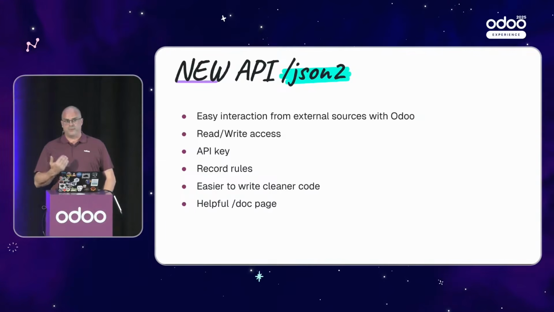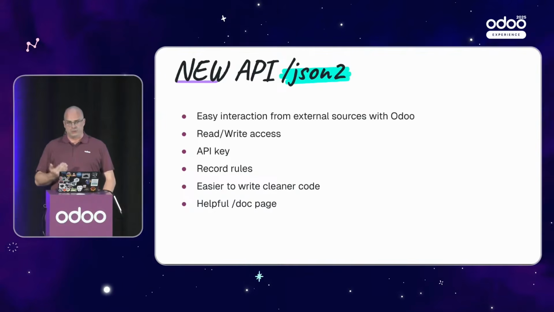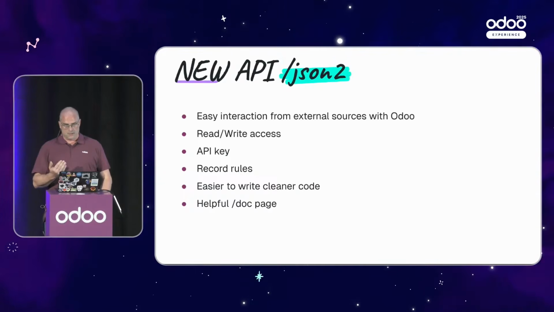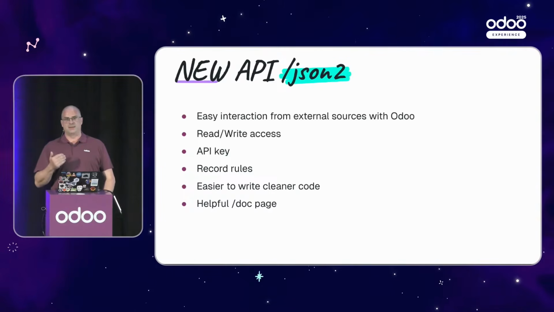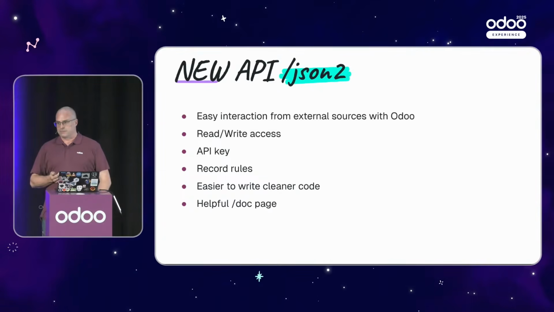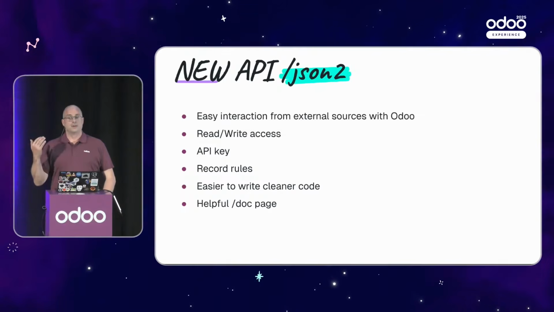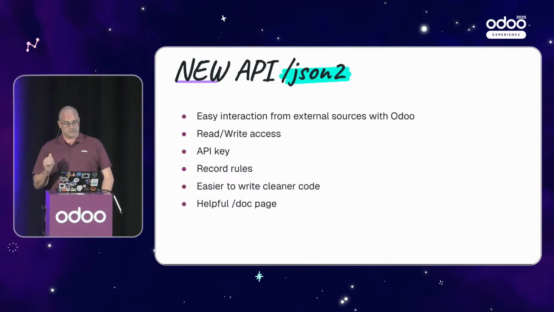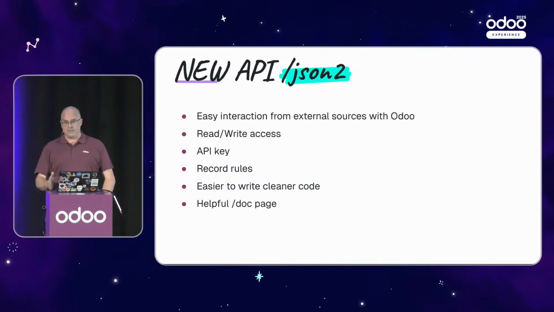You cannot bypass the record rules. So, depending on the user you will be using with your API, you will get the exact same information as the one you could get with the web client. You will not bypass the record rules. You can call any method on any object you have access to.